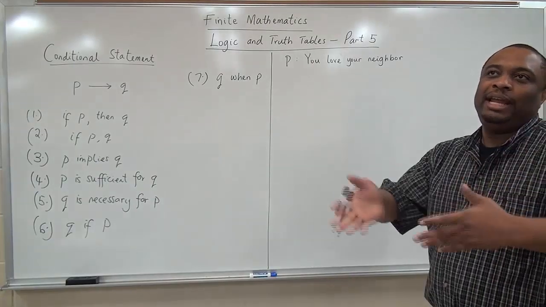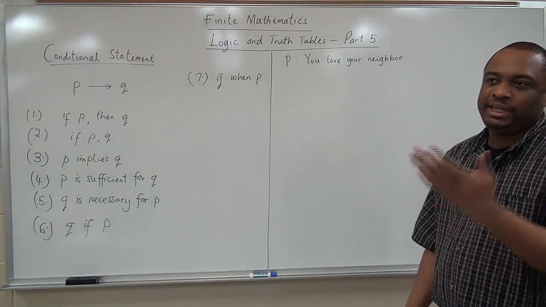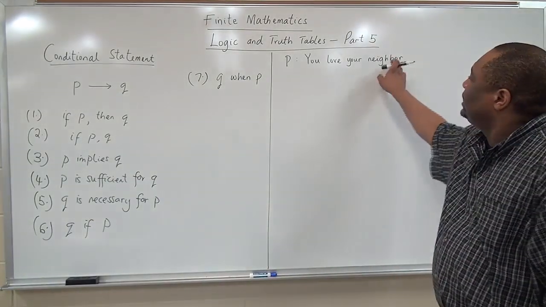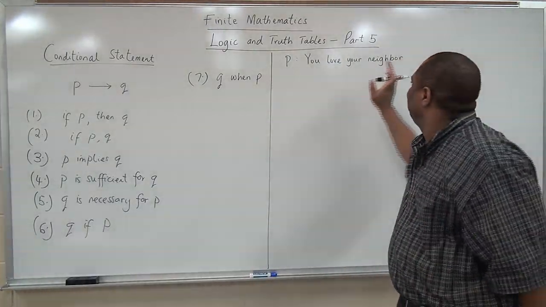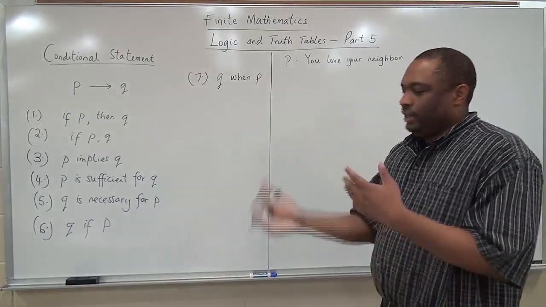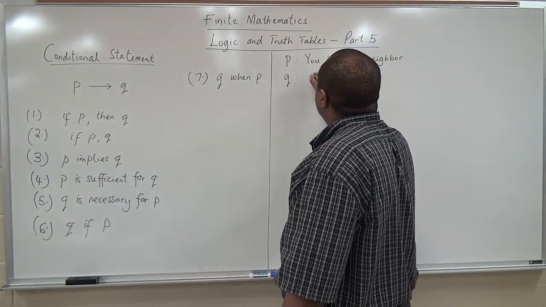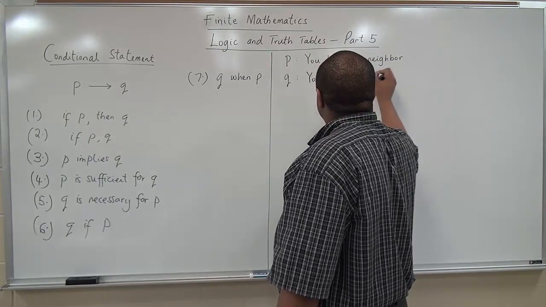Likewise, labor, L-A-B-O-R, but British English, L-A-B-O-U-R. You put the U in British English, but not American English. Okay? You love your neighbor, P. Then Q, you shall see God.